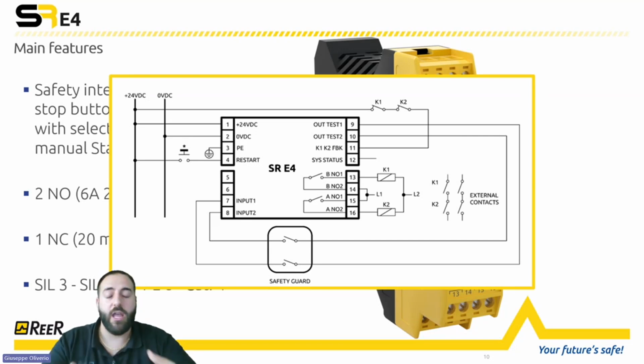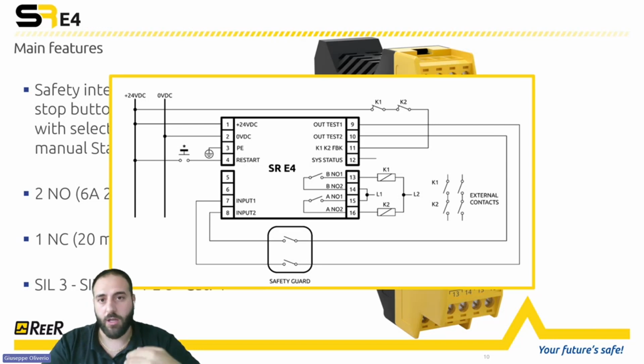When we say output test, and we already spoke about this during the Mosaic webinar that I suggest you go and see, the output test is a trigger signal that you can use to check the presence of a short circuit or overload, overcurrent on an electromechanical contacts.